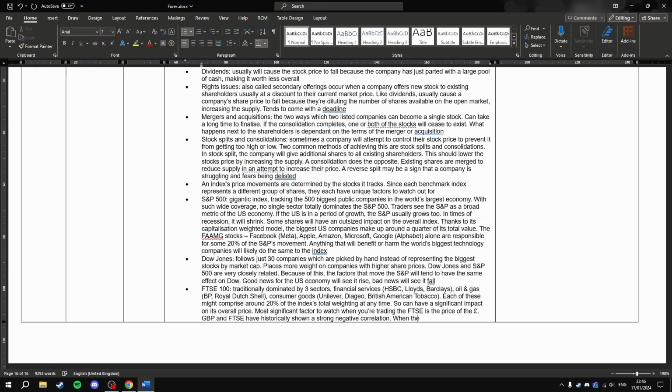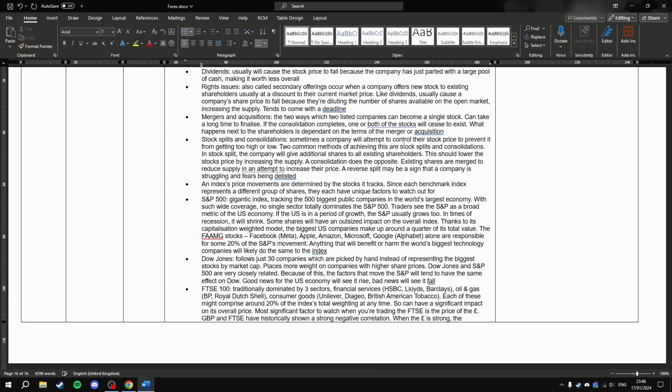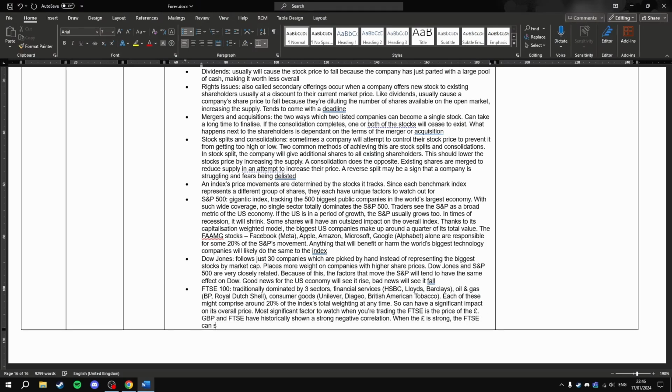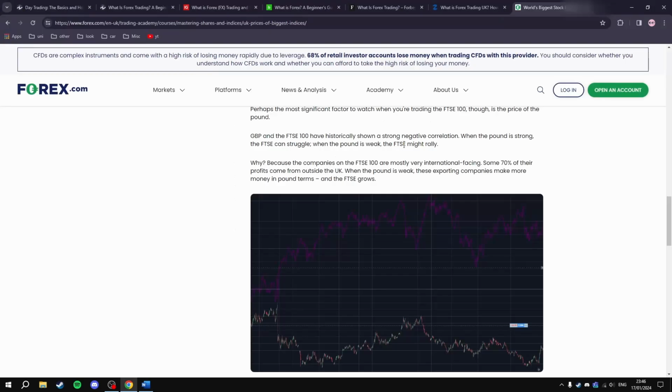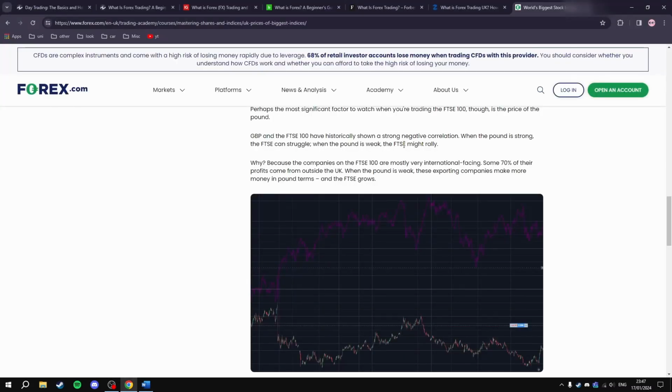When the pound is strong, the FTSE can struggle. When the pound is weak, the FTSE might rally.